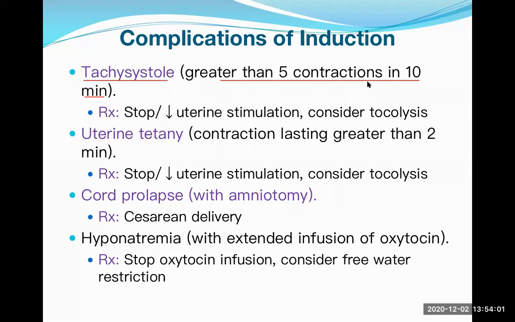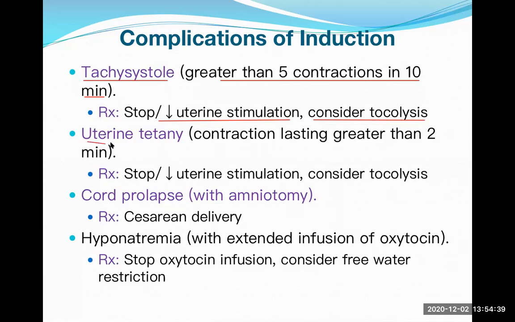But if greater than 5 contractions occur in 10 minutes, this is known as tachysystole. This is way too much uterine contraction, and this may be damaging for the fetus inside. So the treatment is to stop or decrease the uterine stimulation by those drugs. I'll stop those drugs if I am using them, like prostaglandin or oxytocin, and consider tocolysis, which means the opposite of what you are doing here.